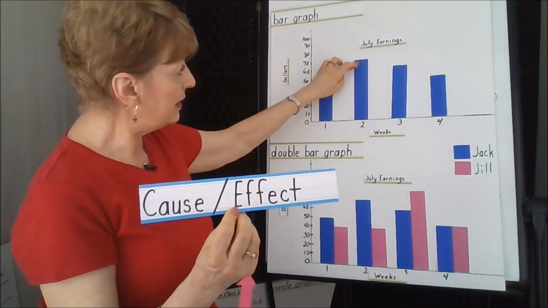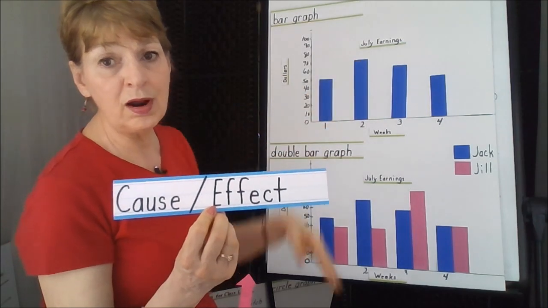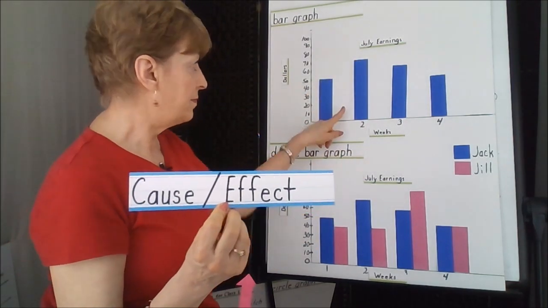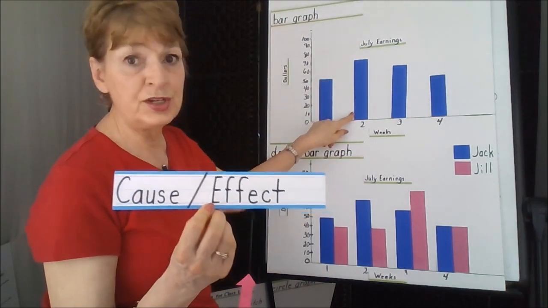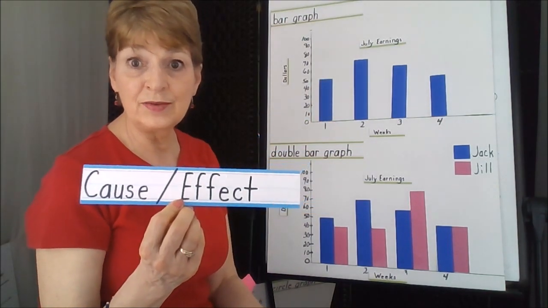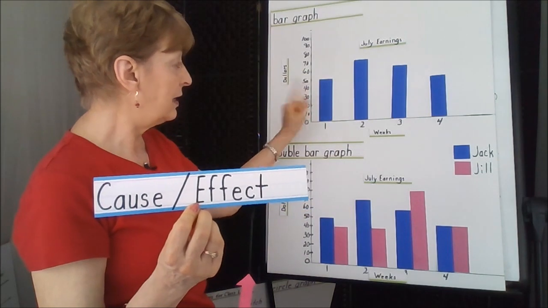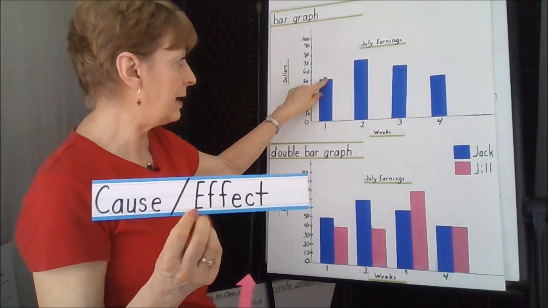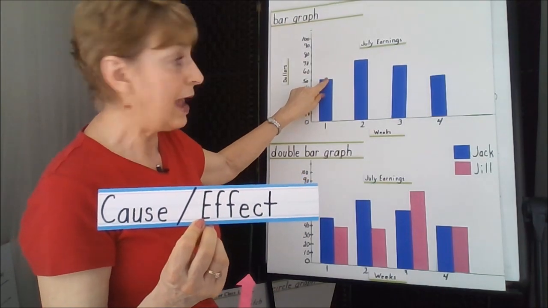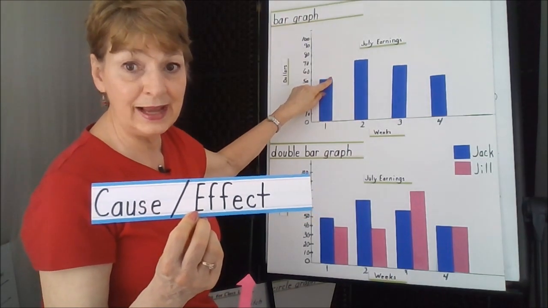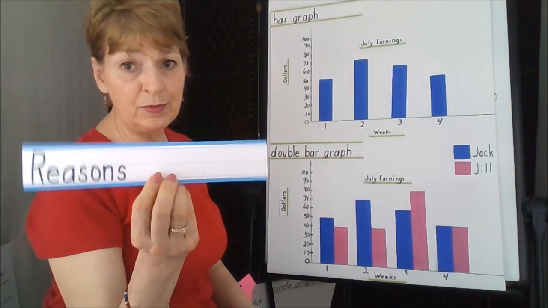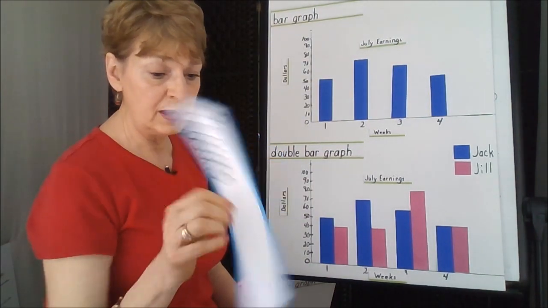What caused the earnings to be more on week 2? Perhaps Jack went to a larger population base in order to sell whatever he was selling. Or perhaps he had a baseball game and couldn't work the complete day. That might be a cause and effect. So that would also get us into reasons.